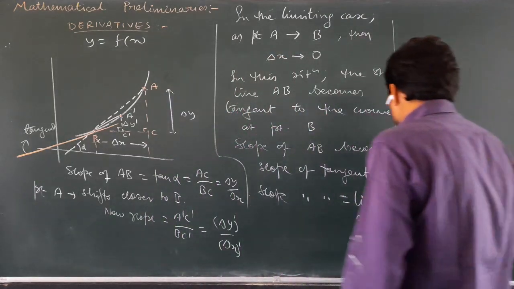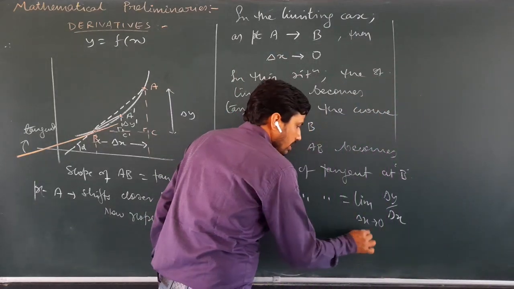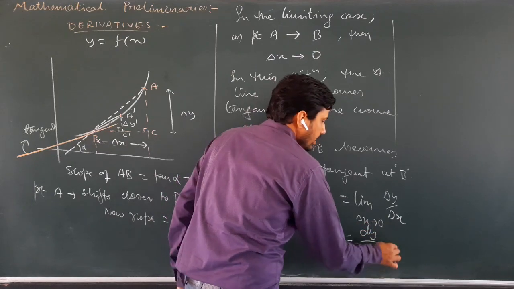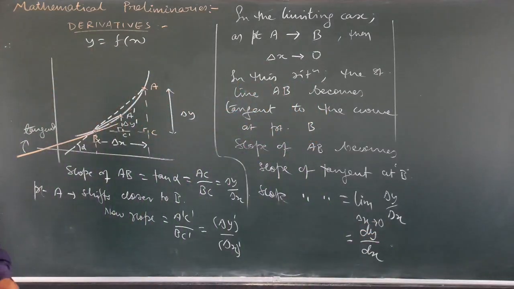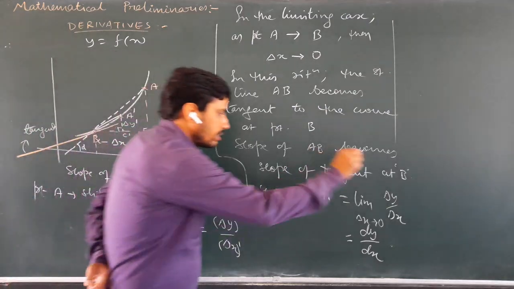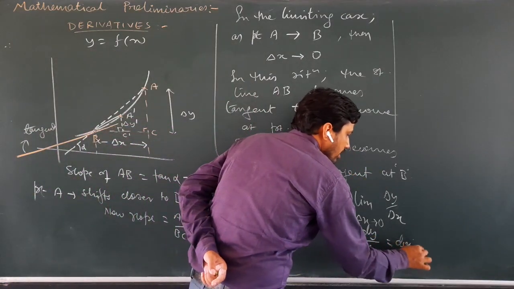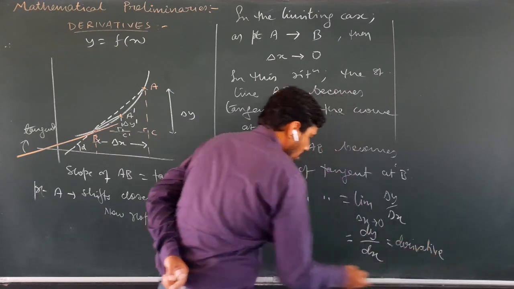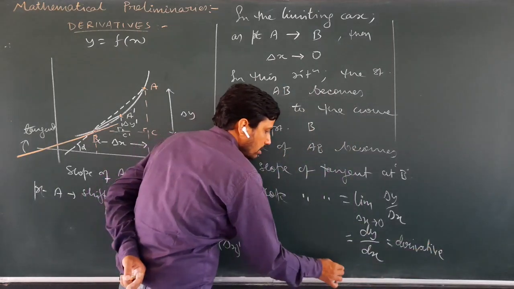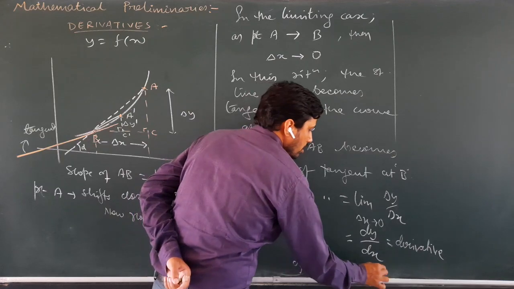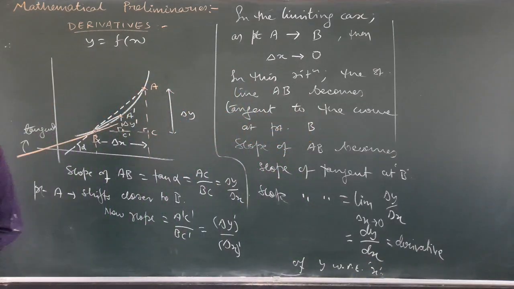And this, in the language of mathematics, we call dy by dx. Dy by dx is nothing but what we write as the derivative of y with respect to x. This is a very important concept.